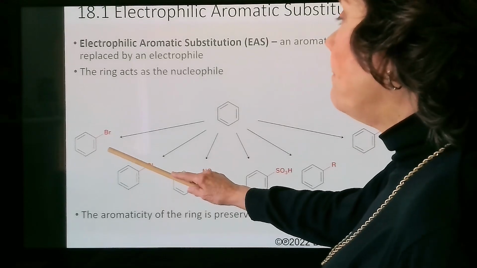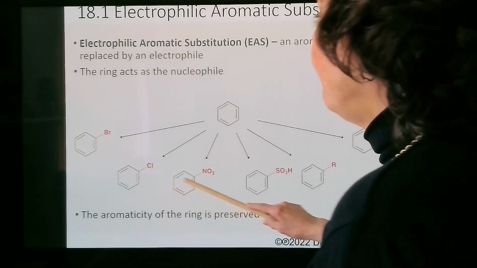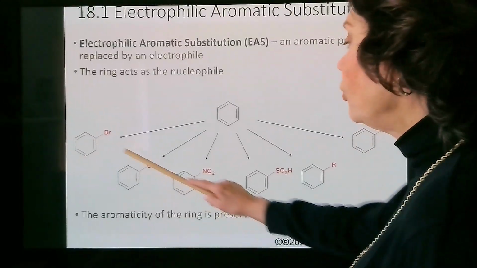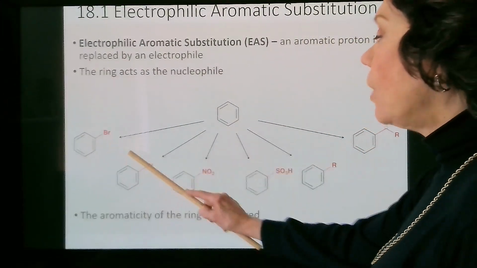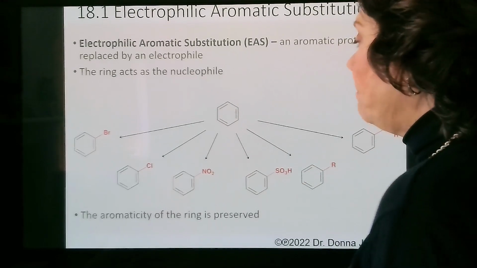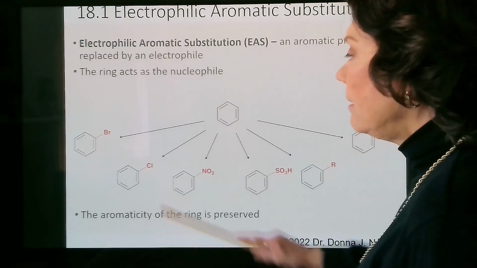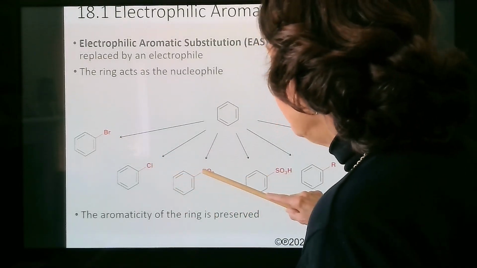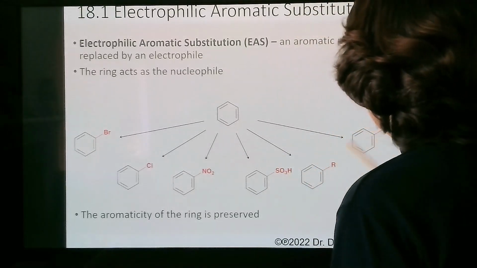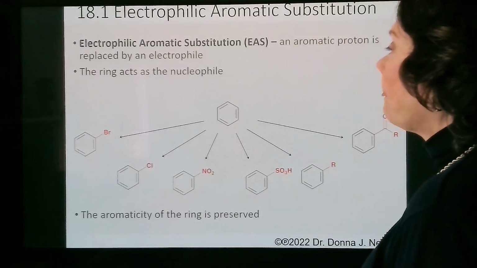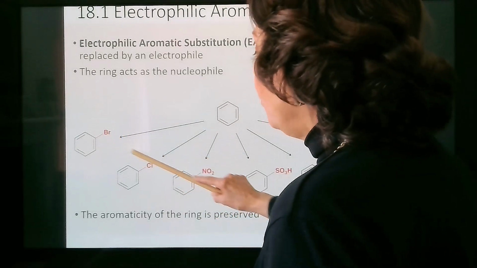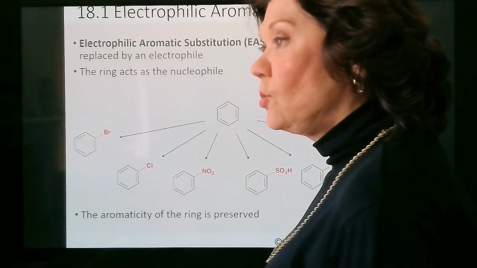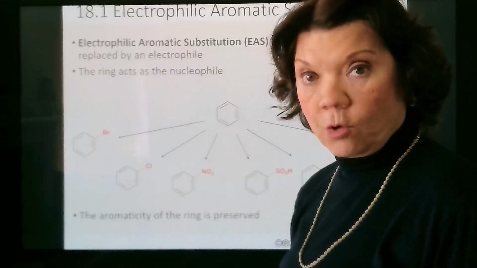There are many different electrophilic aromatic substitution reactions. These are the ones that we will cover, and these all go by the same mechanism. Notice that here are the functional groups that are being added. One of the things that you'll have to recognize is which reagents are required.